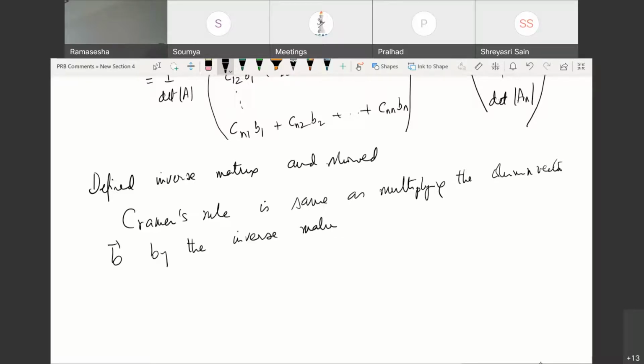That is, I have Ax equal to B, so x is equal to A inverse B. So if I calculate the inverse of the matrix, then I know the solution.